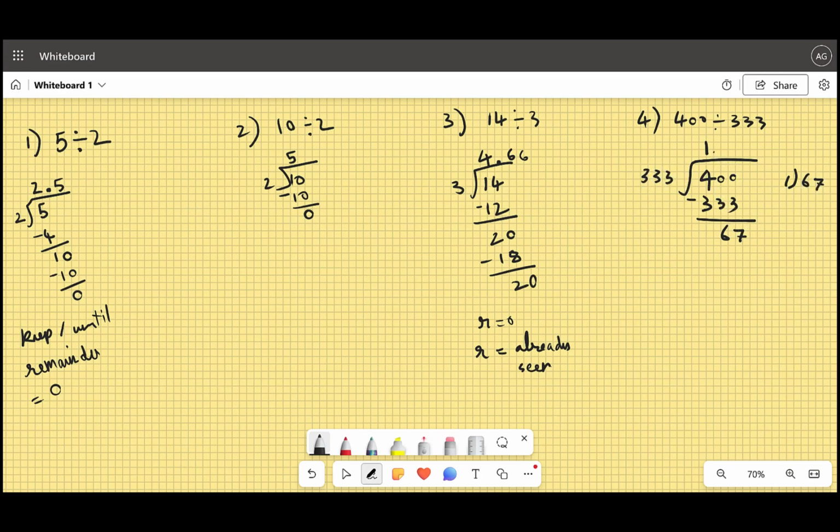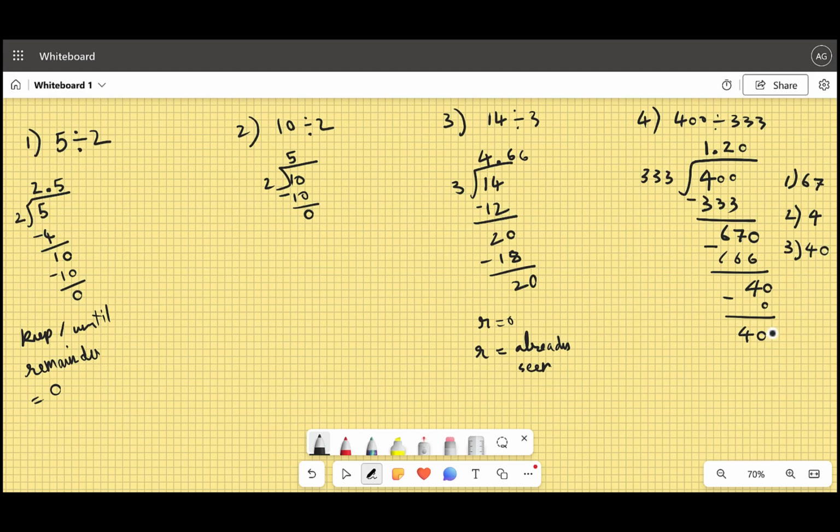Now we add a point, and when we add a point, we add a 0. So 2 times 333 is 666, minus, we get 4. Notice that 4 is our second remainder. Now we add a 0, so 333 times 0 is 0, 40 minus 0 is 40. Notice that 40 is our third remainder.